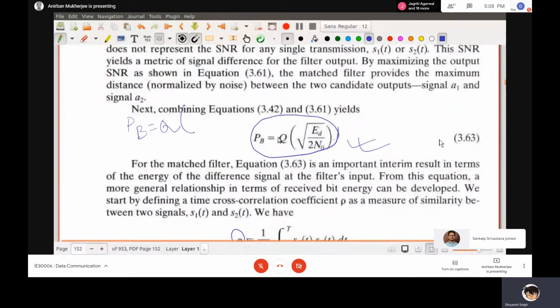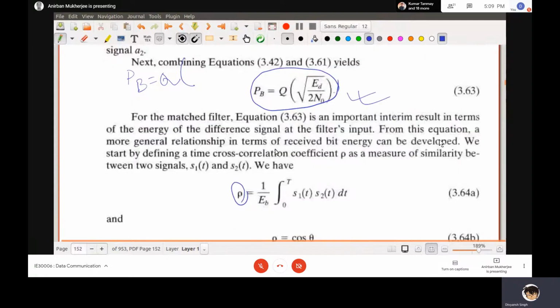So this is the case, this is the minimum probability of bit error. Now this ED is the energy of the different signal at the filter input.